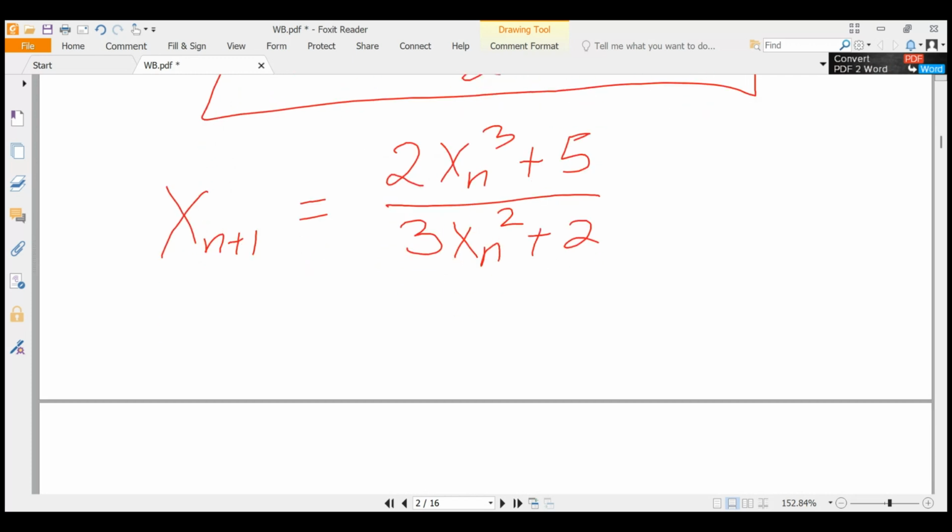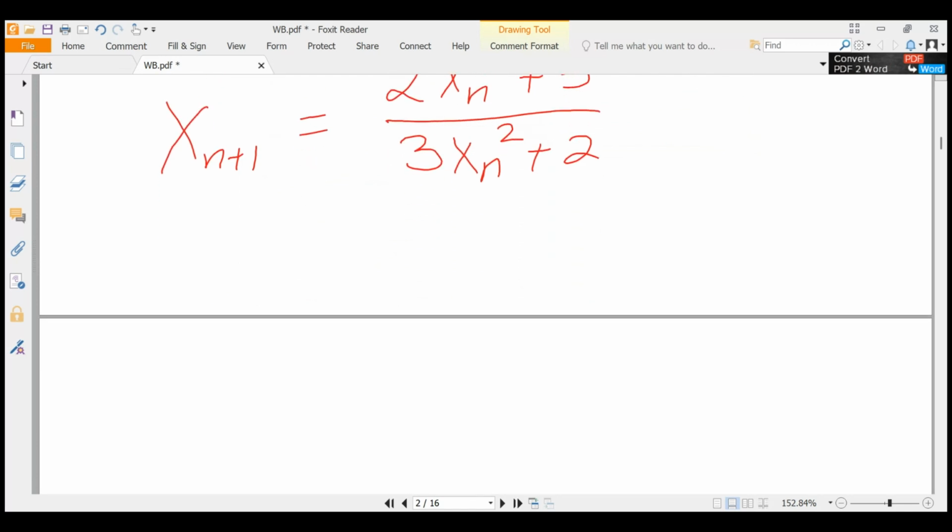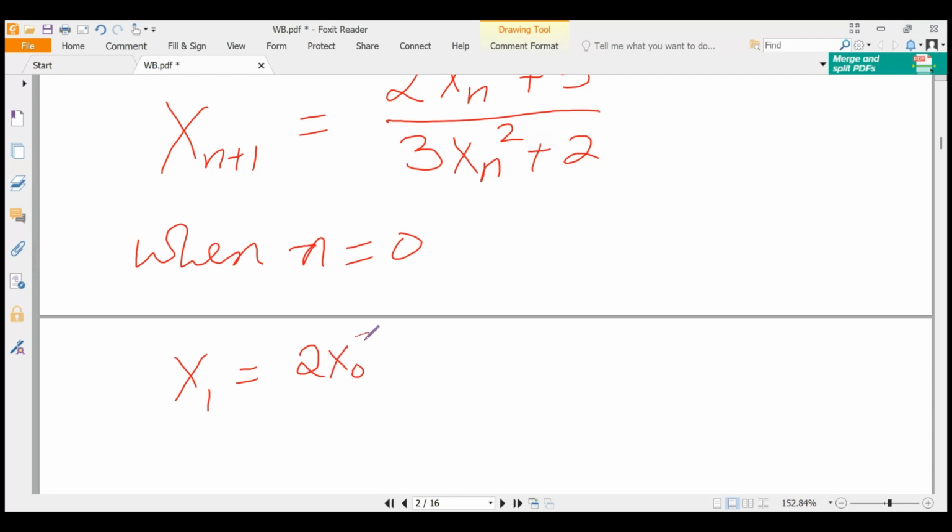So we start by setting n to 0. When n is equal to 0, we get x1 is equal to 2 x naught cubed plus 5 divided by 3 x naught squared plus 2. The value here is 5, not 3.